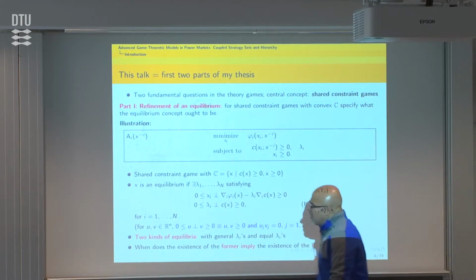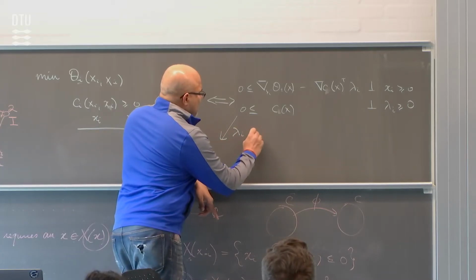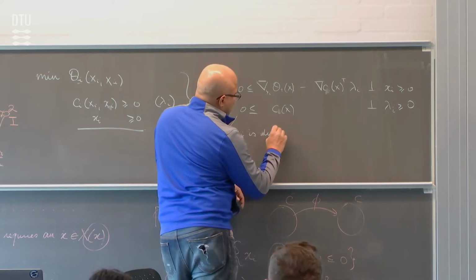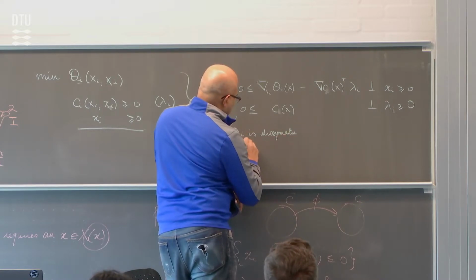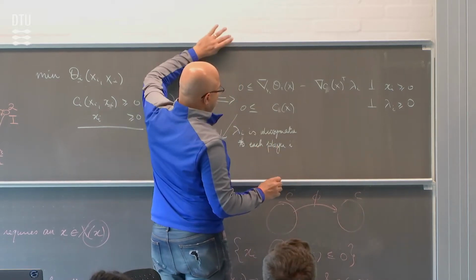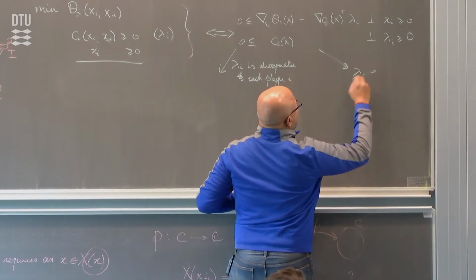Now, in the context of shared constraint generalized Nash games, there are two types of equilibria that we examine. The first is where lambda i is idiosyncratic to each player, which means that each player chooses his or her own lambda i, and the second one is where lambda i is common across players.